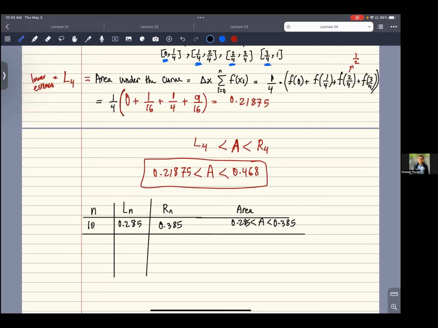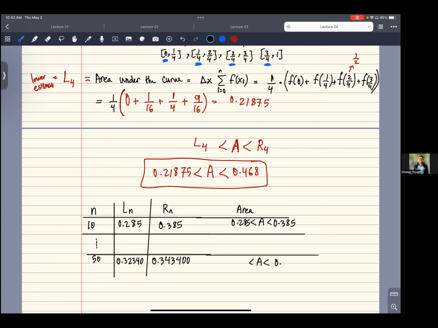If I go more than 10, for example to 50, so L of 50 will be 0.32340, and R of 50 will be 0.343400. And the area will be more and more accurate for n equal 50.